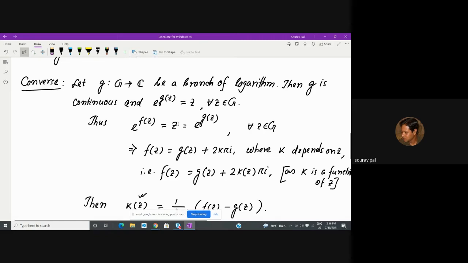You choose a particular z, then e to the f(z)... Do you get my point? You are saying e to the z1 is equal to e to the z2. So this implies z1 equal to z2 plus 2k pi i. I understand that. Okay. k is in Z, right?